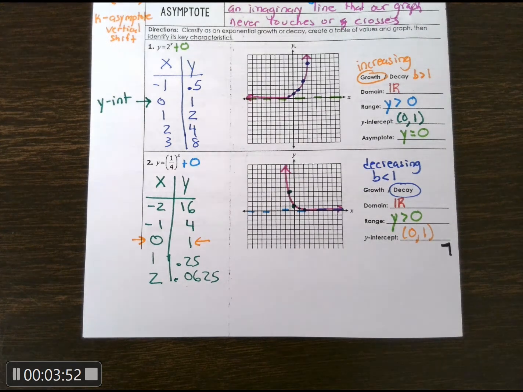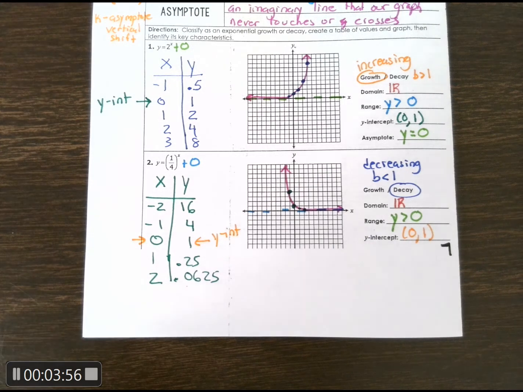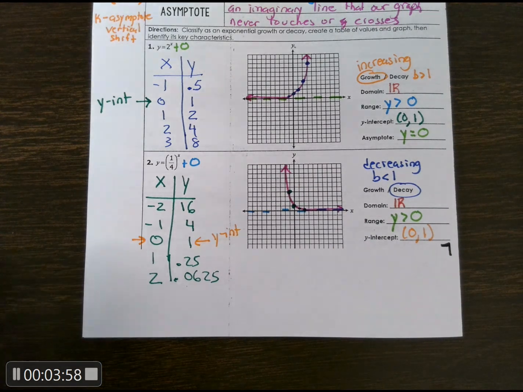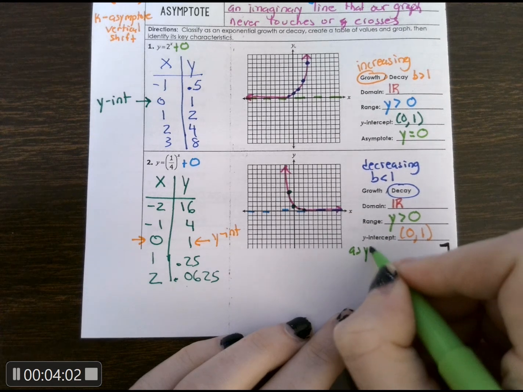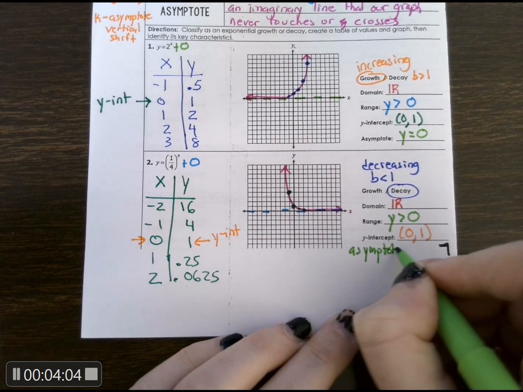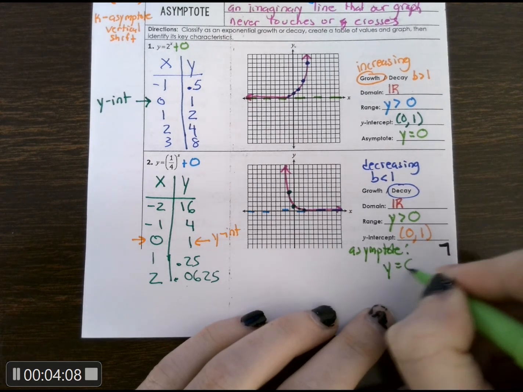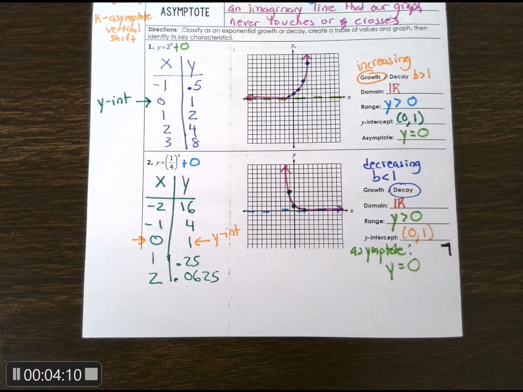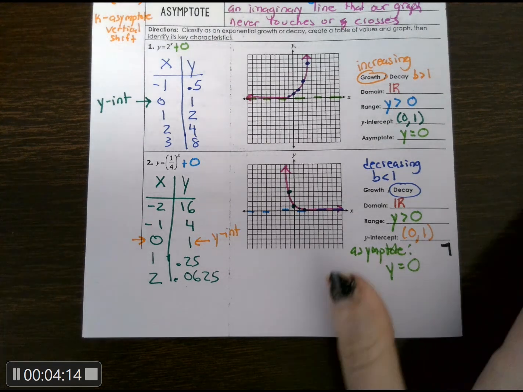And so then 1 is our y-intercept. Awesome. Okay, and it doesn't list it down here because I think it got cut off, but let's just do it for fun. What's my asymptote? Y equals 0. Awesome. Good job, guys. So then let's move on to our next problem.